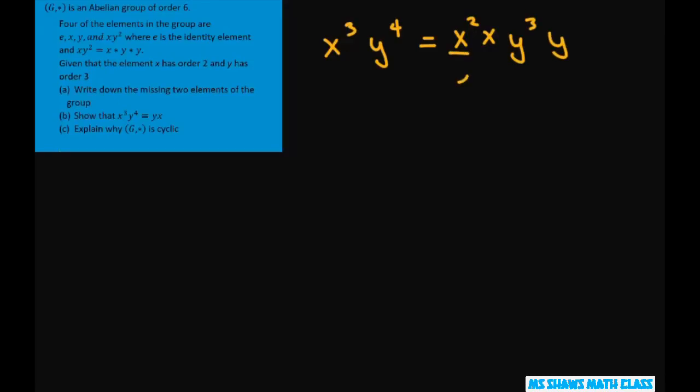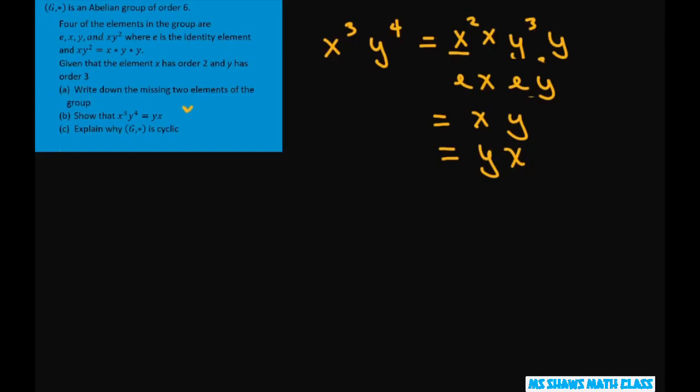So we already know this is e times x, and this is y cubed, e times y. And this equals xy, which also equals yx. So there's that part.